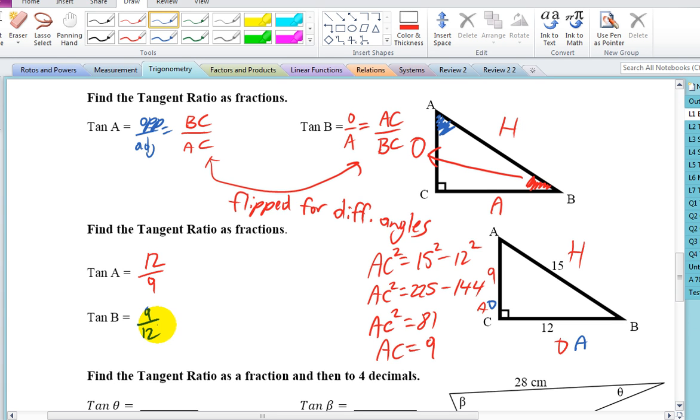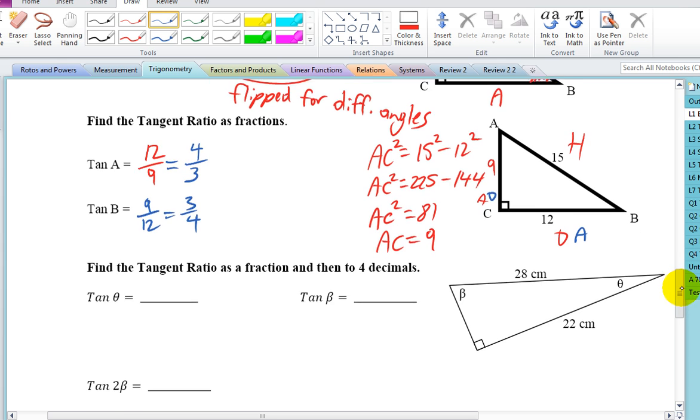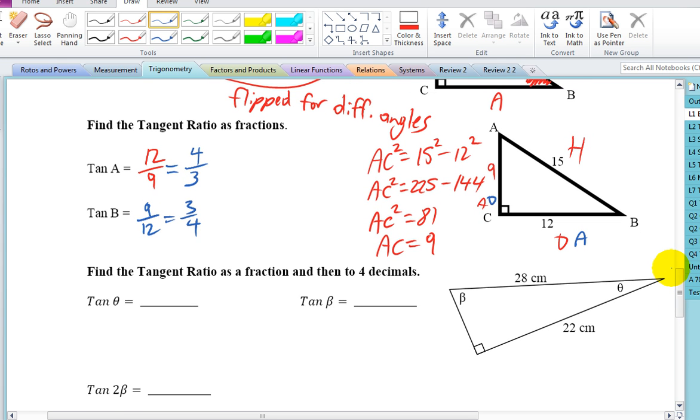I didn't, because it's not my final answer. What do I have to do first? Lowest terms, okay. So divide by 3, we can get 4/3. This one will be 3 over 4. Okay. Now you can also turn those to decimals. But we're going to do that down here. All right, go ahead. This one should be a square root.